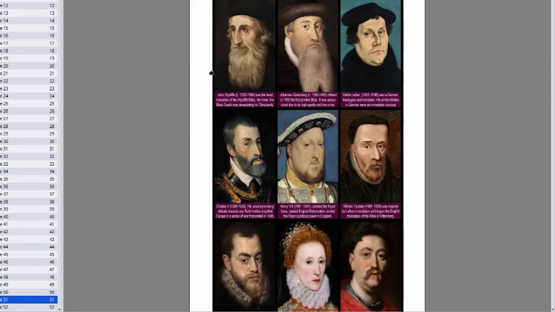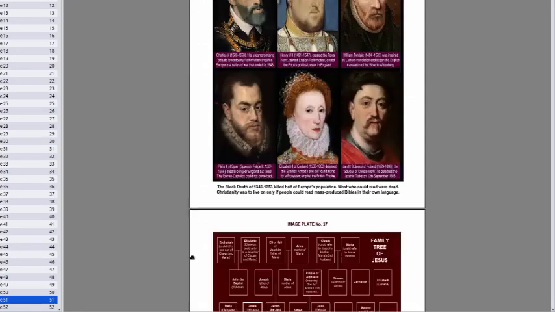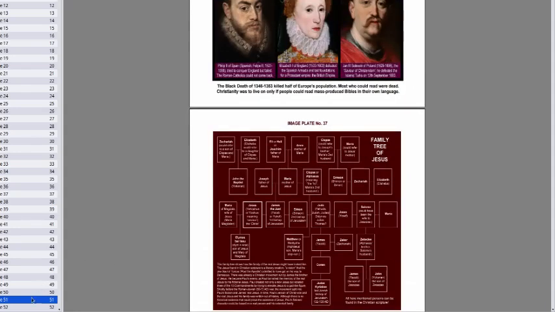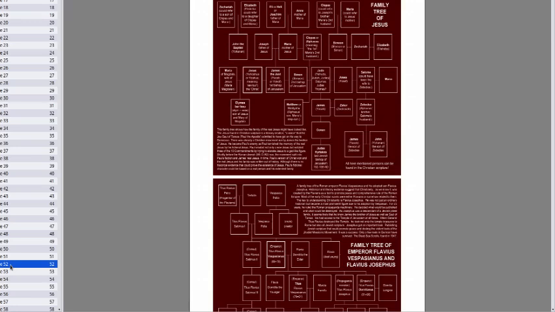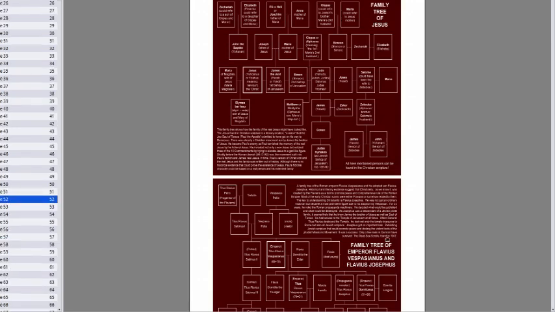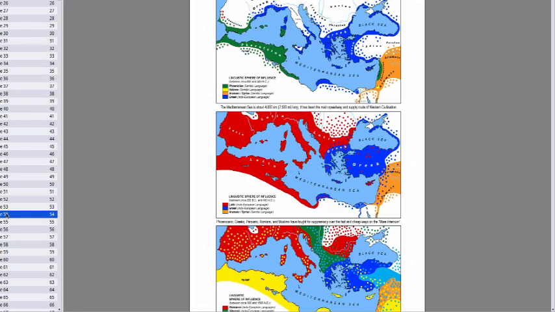You got John Wycliffe, Johannes Gutenberg, Martin Luther, Henry VIII, who was the tyrant king supposedly, William Tyndale, and so forth. Again, it looks like a family tree of Emperor Flavius Vespasianus and Flavius Josephus, and it goes on. And then the areas that they probably occupied, they invaded and conquered and so forth.